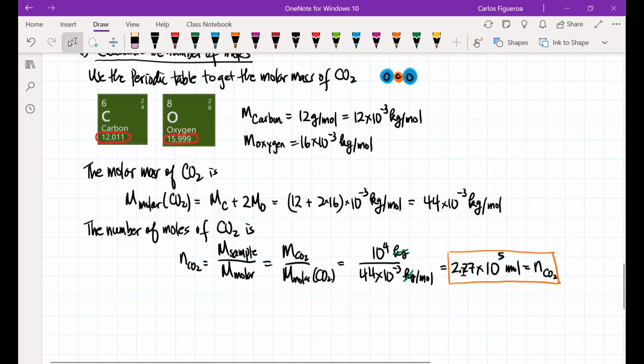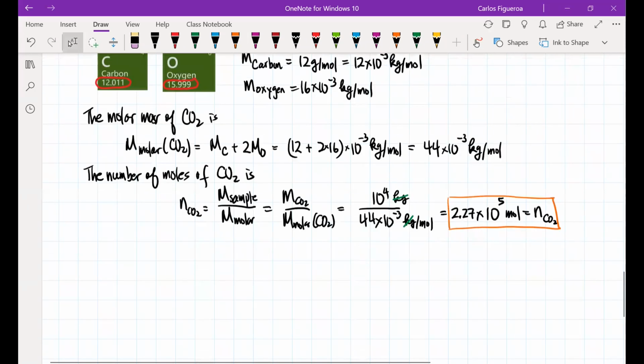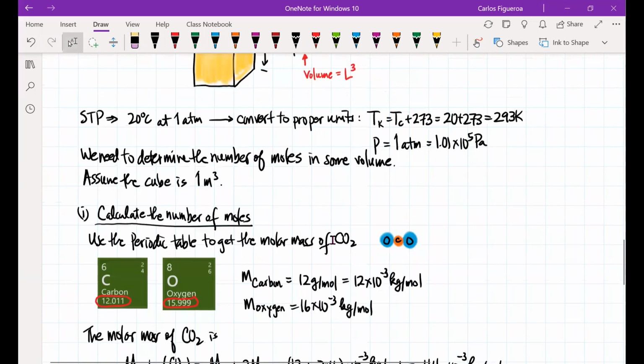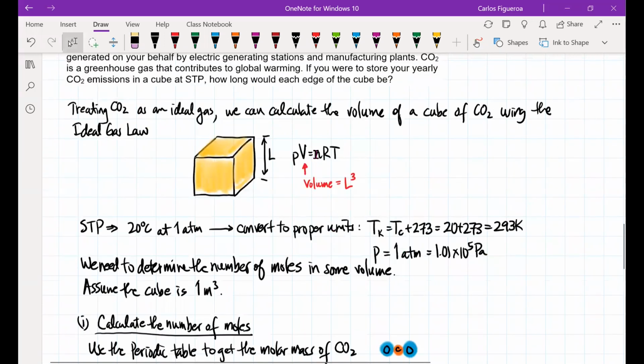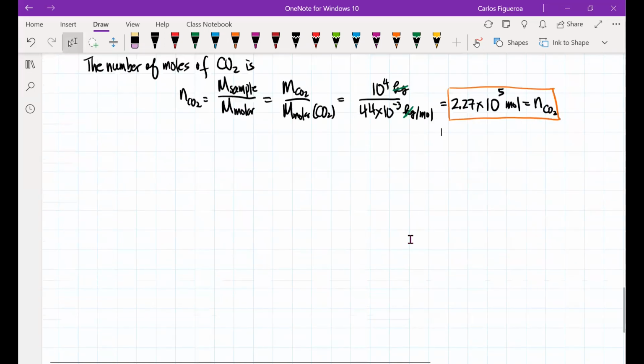So now that I have the number of moles, I could then go in and use the ideal gas law to calculate the volume. Okay, so remember, I'm using the standard temperatures and pressures to actually do that. So here I go.